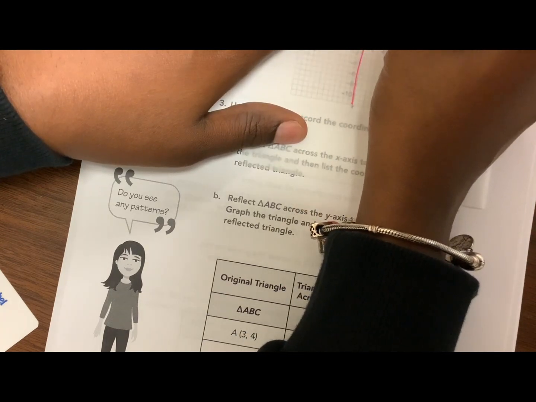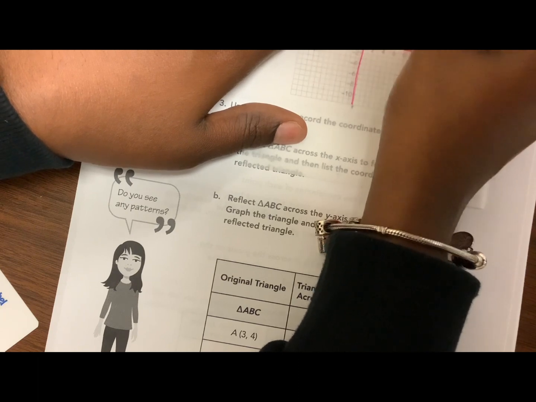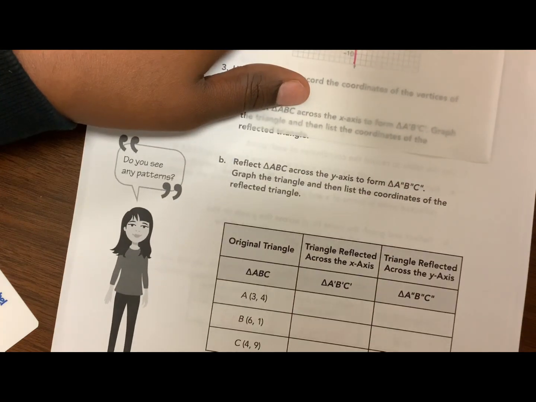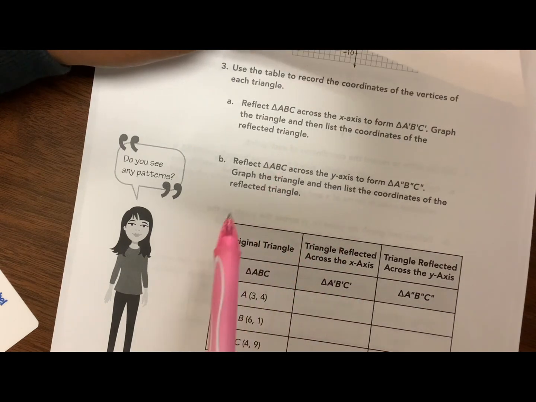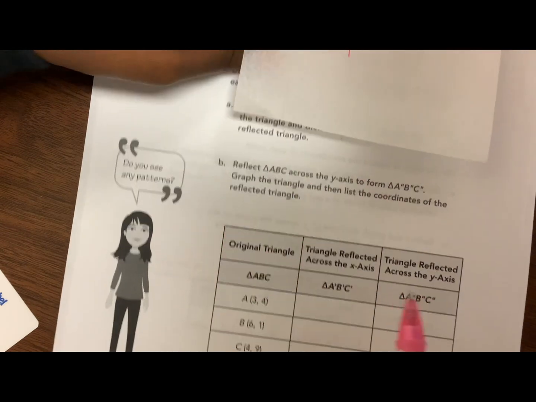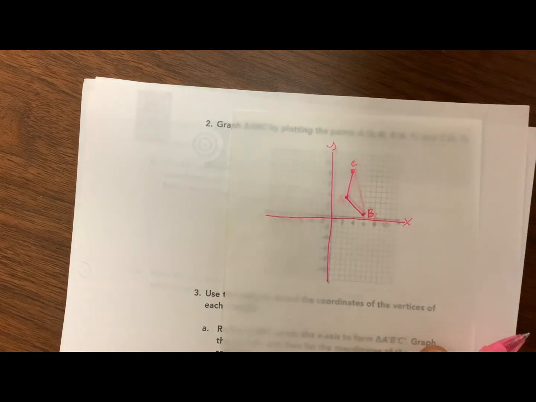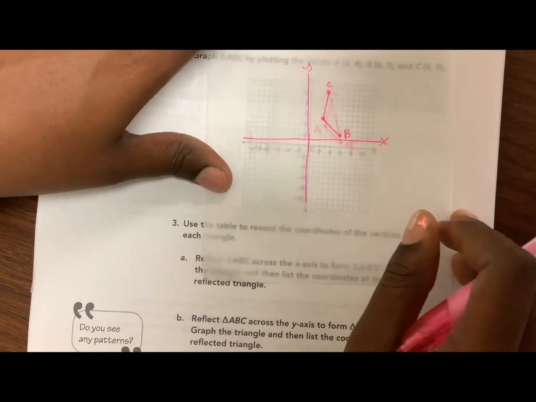Trace your triangle ABC, and do the reflections it's asking for you to do. So the first one, it says to reflect triangle ABC across the x-axis. The reason why I do want you to draw your axis is just so you can better see it when you flip it, right? That's the beauty of the patty paper.